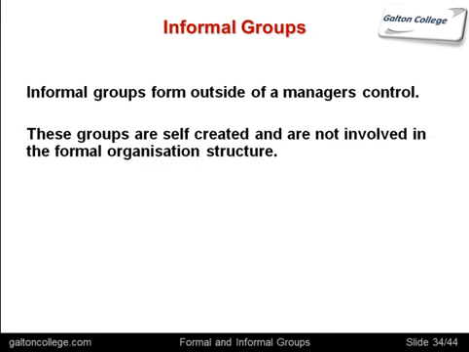They're self-created. They simply evolve. They're a group of people working together. They find that they have a particular interest in something, so they may form a group to discuss it or to enjoy it or to be involved with whatever it is that binds them together in this context.